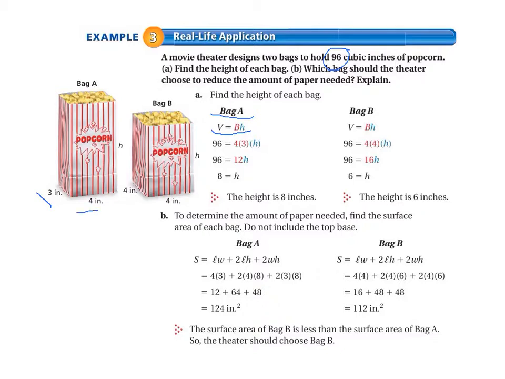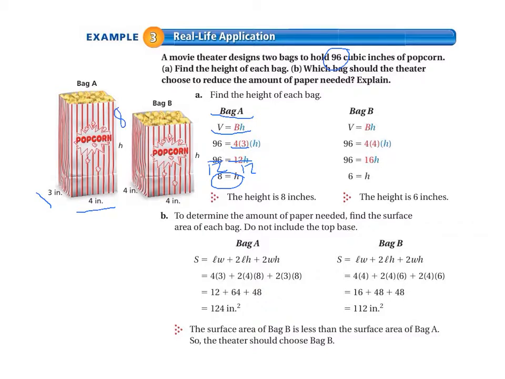Length times width is our base. So 4 times 3. And we're trying to find the height. So we do the math, and we get 96 equals 12h. We want to get that h by itself, so we divide by 12 on each side, and we end up with a height of 8. So I'm going to put an 8 there.